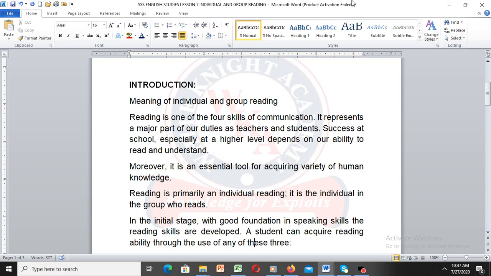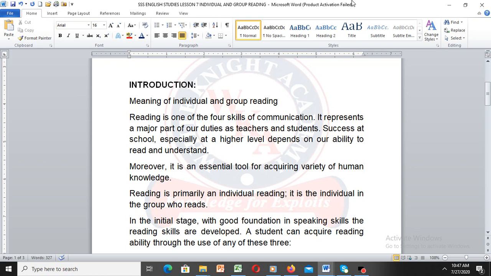I'd like you to know this, that reading is one of the 4 skills of communication. It represents a major part of our duties as teachers and students.